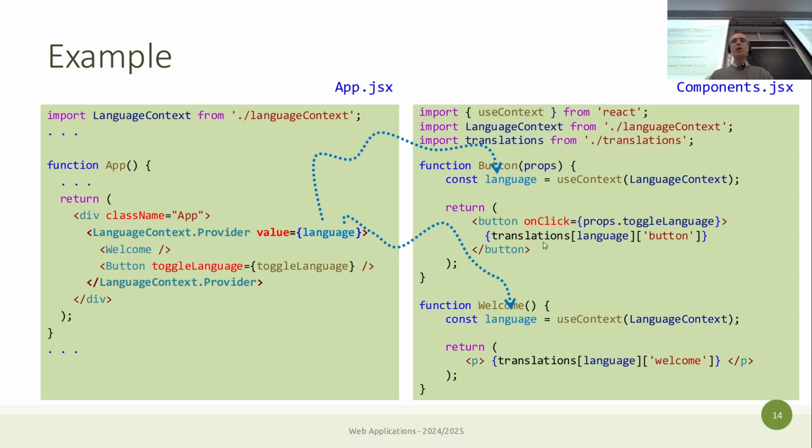In this case, we have a global variable translations, which is an object that contains a key that is the language, and then the translations. So basically, we realized a way to pass information from this point to the children components without passing props, so without the attribute plus the value.